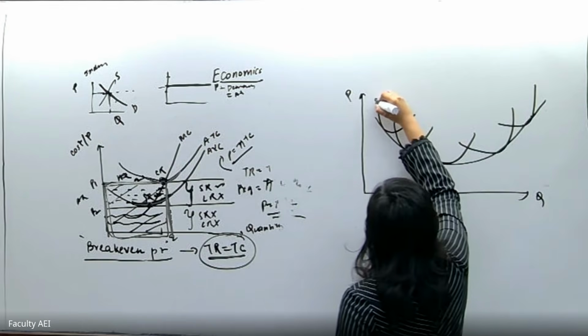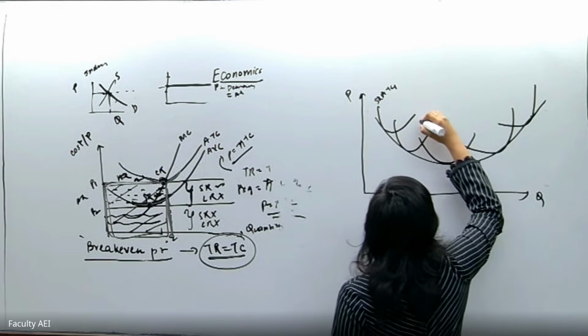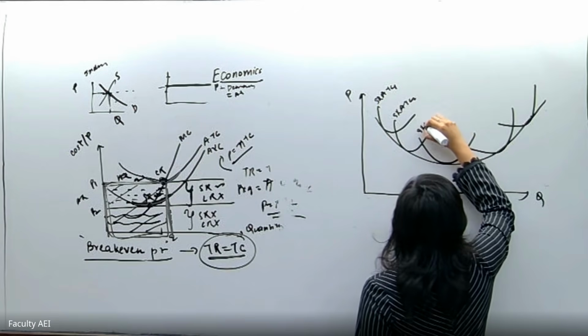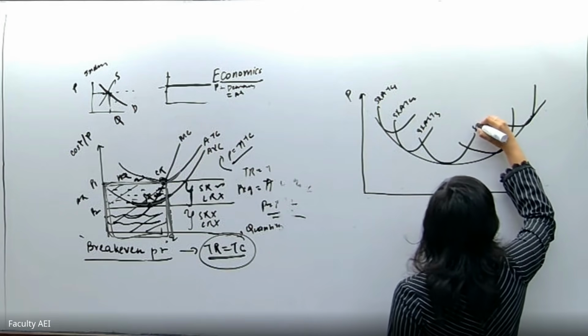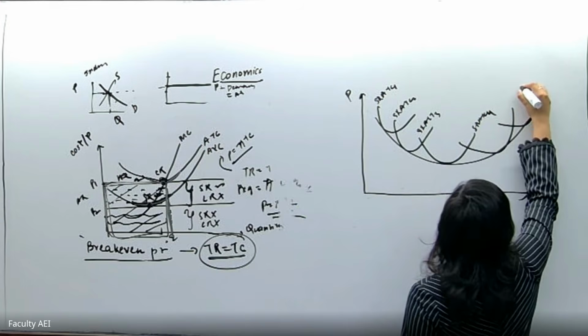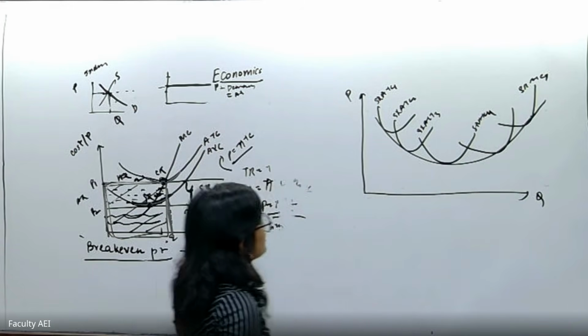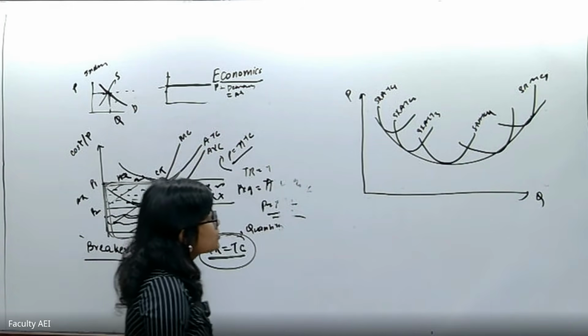So these are various short run average total cost curves: SRATC 1, 2, 3, 4, and 5. This is the long run average total cost.